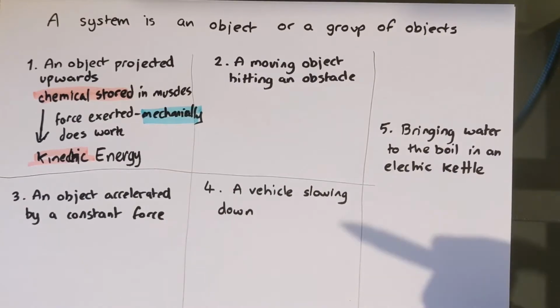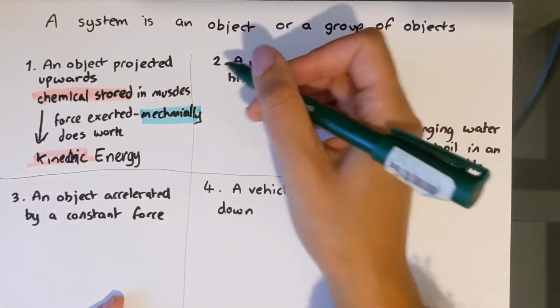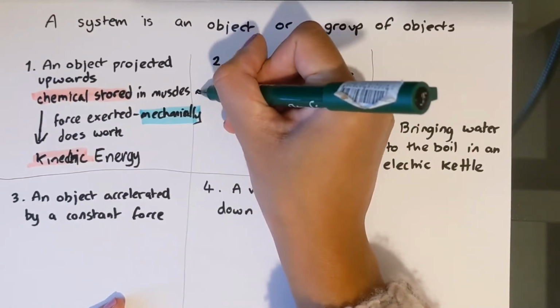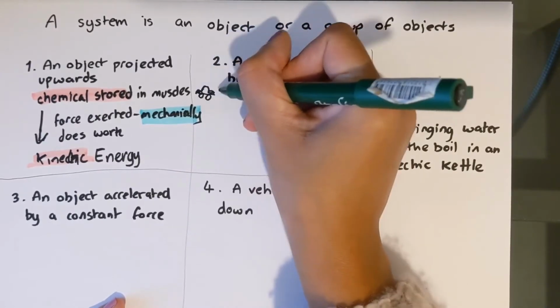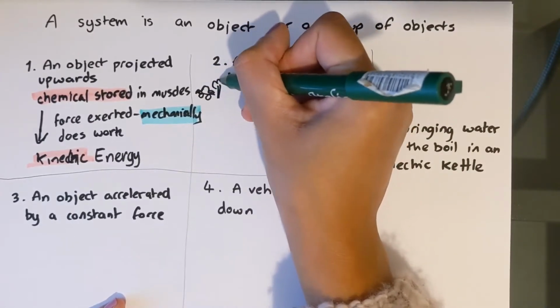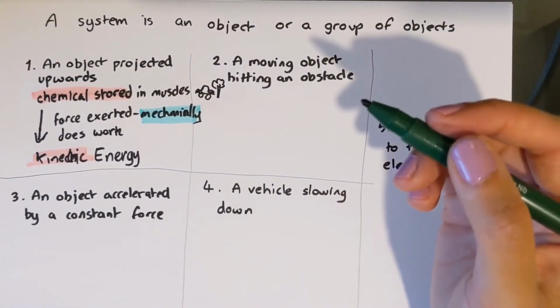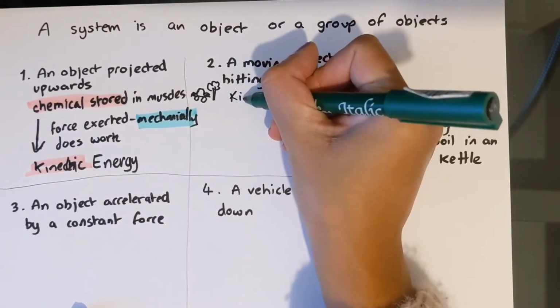So that could be a car hitting a tree, for example. So if the car is moving, yeah, so we've got a car hitting a tree. So the car's going to be moving first. Sorry, my drawing is awful. So car hits a tree. So before it's hit the tree, the car is going to be moving, so it has kinetic energy stored, isn't it?